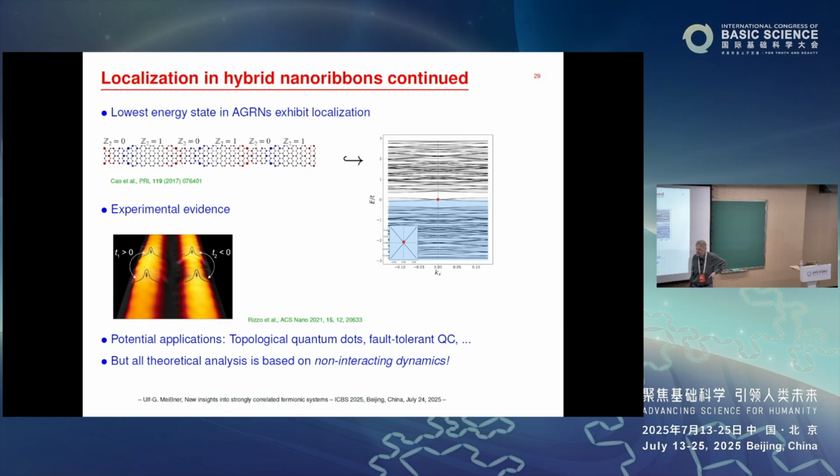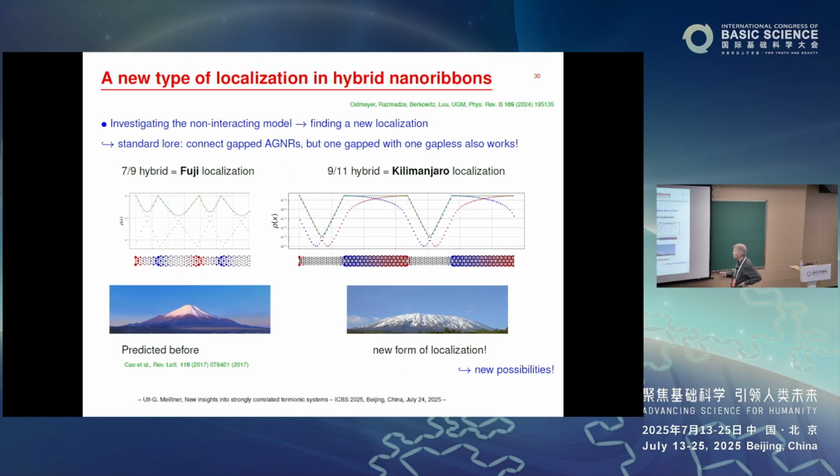When you want to see these patterns, this Fuji or Kilimanjaro, this is independent of the length. So you can repeat this many times, but you can also repeat this many times. It's just that the one has a gap and the other has no gap, and then this will always appear. The length then depends on which kind of ribbons you put together.